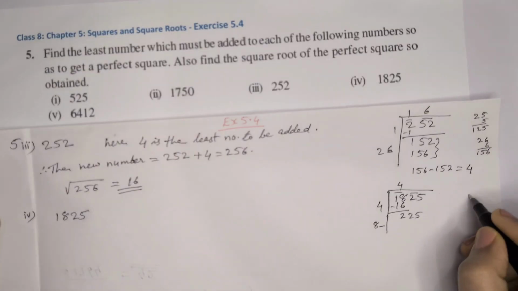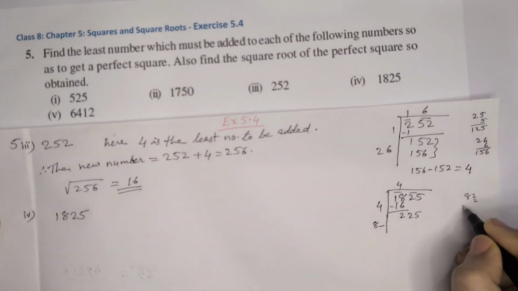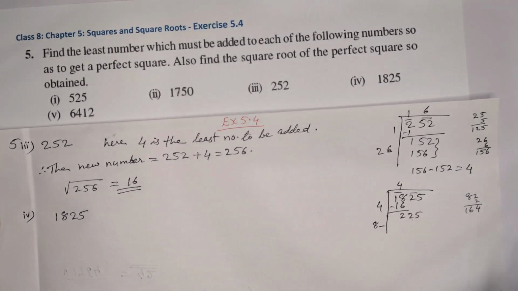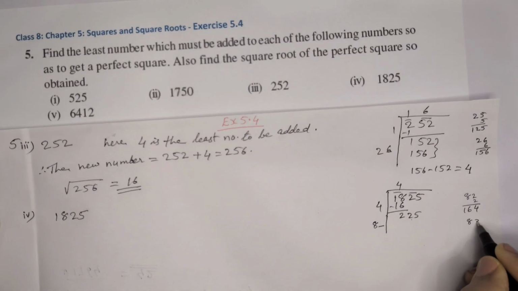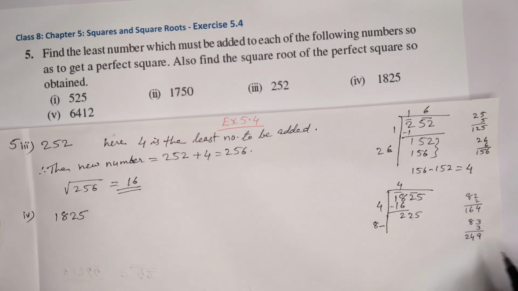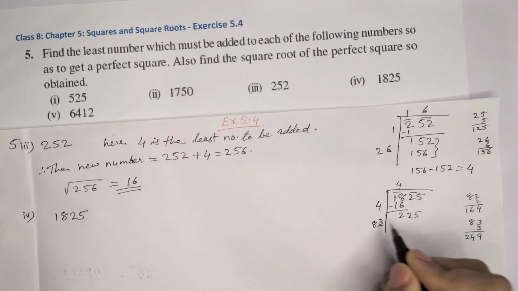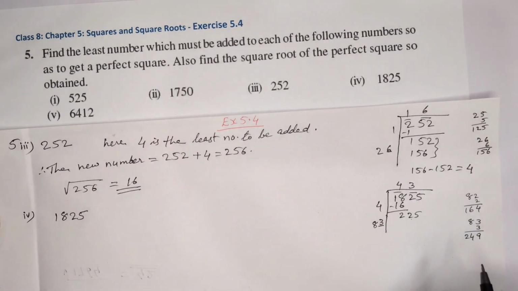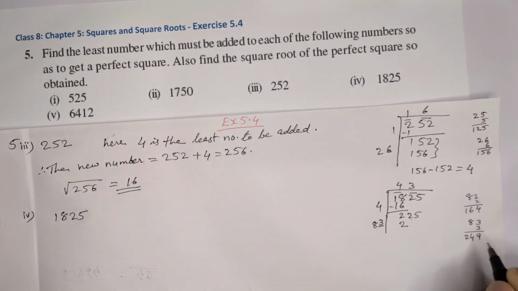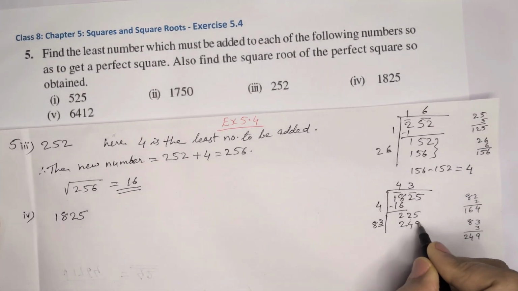So if you are taking 2, 82 into 2, it will come 164, that is below 225. If you are taking 3, 83 into 3, that will come 249, that is greater than 225. So we have to take that number, 43. And now here 83 into 3, 249.